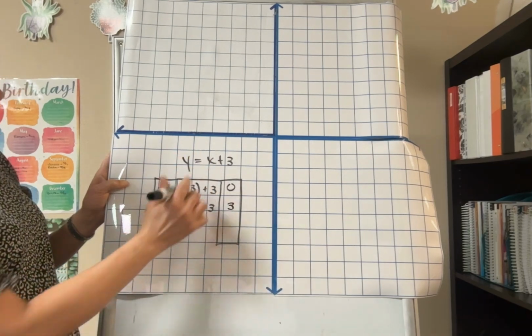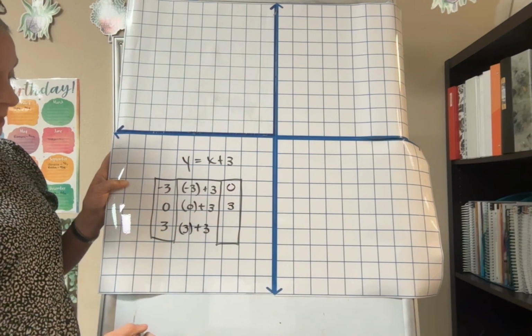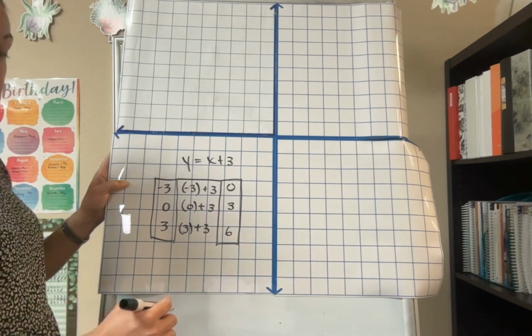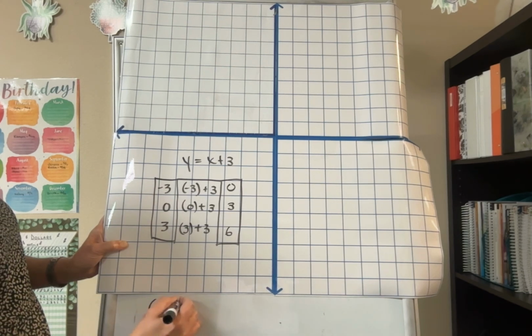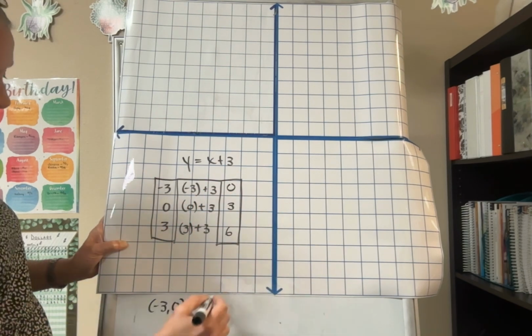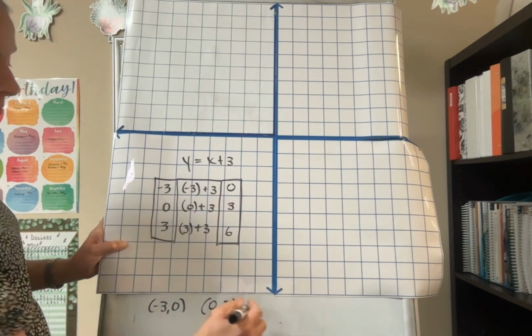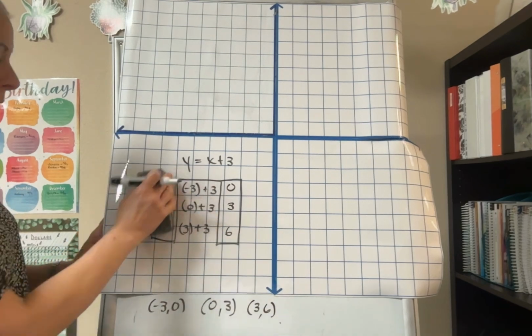What happens if I put 3 in x's place? I'll get 6. So what are my ordered pairs going to be? -3, 0, from the first row, 0, 3 from the second row, and 3, 6 from the third row.